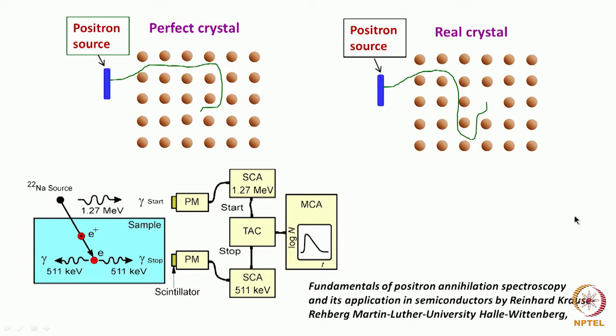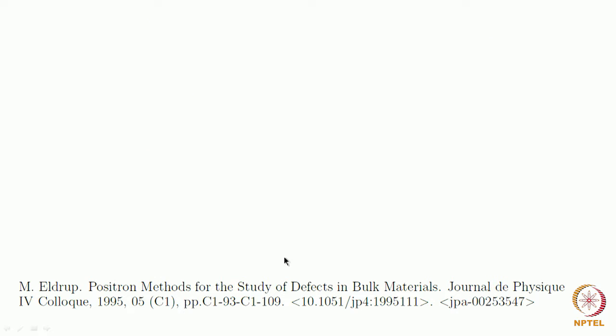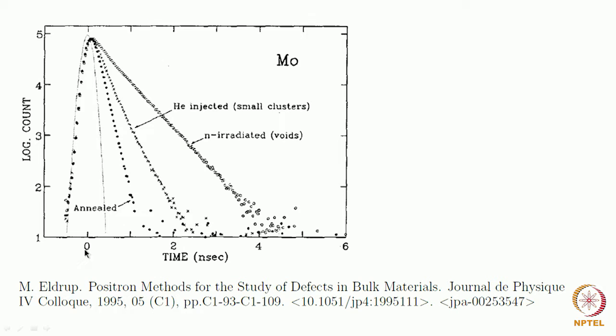Finally, this lifetime which is measured is plotted, the time it takes versus the count. If you look here, there is one plot which corresponds to a sample which has been well annealed.